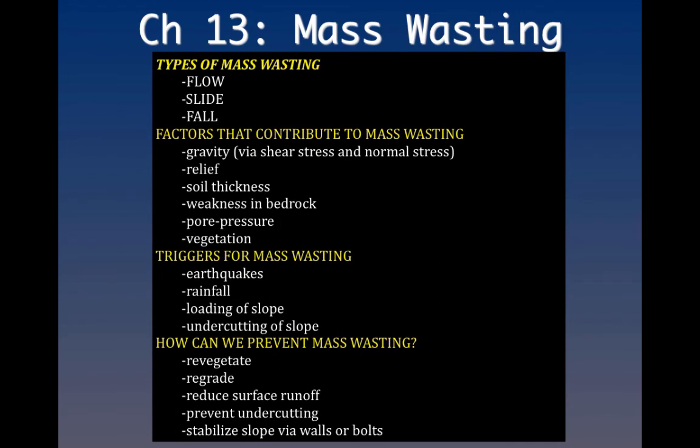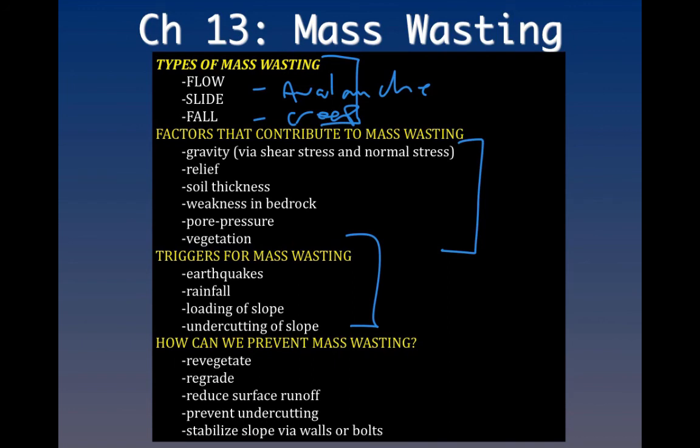Well, you should certainly know the different types or classes of mass wasting: flow, slide, fall, avalanche, creep. I would add a couple of those too: avalanche and creep. The factors that contribute to mass wasting, the triggers for mass wasting, and what can be done about it.